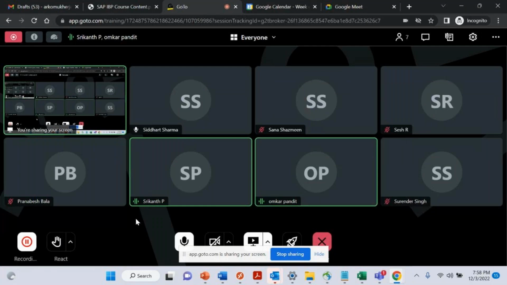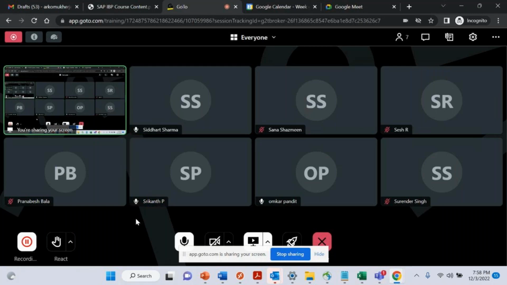And in transaction data, I'll be loading exchange rates, actuals, financial forecast, business targets. May I know how it will behave or act in IBP?